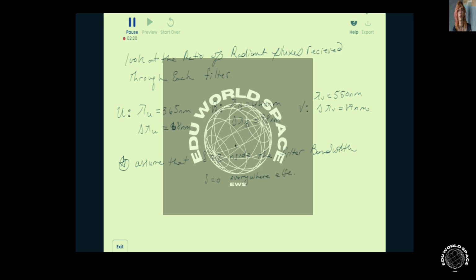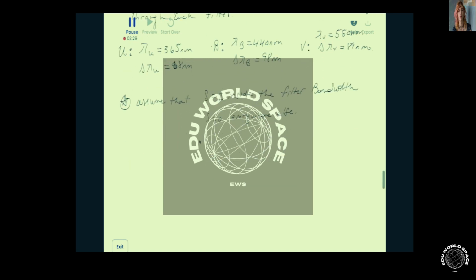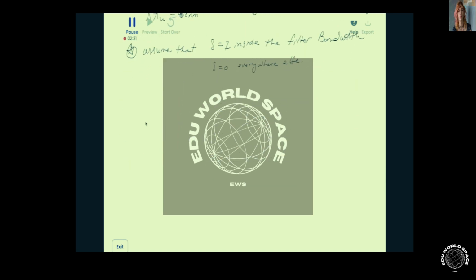Okay, so using this information, we need to look at the ratio of the radiant fluxes. In other words, we need to look for the following three ratios. Ratio number 1: integral 0 to infinity, f of lambda, S of U, d lambda, divided by integral 0 to infinity, f of lambda, S of B, d lambda.